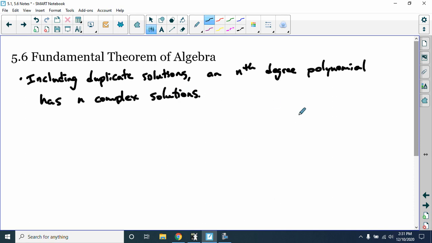As long as we include duplicates, an nth degree polynomial has n complex solutions.